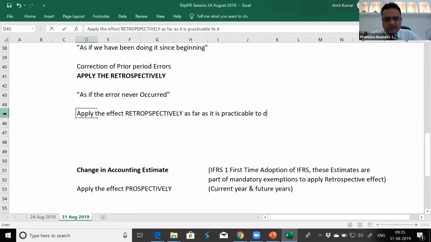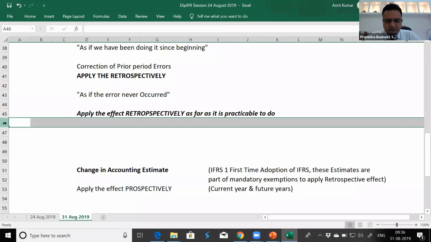Because we may be in existence since 1956, and it may not be possible for us to go back till 1956 to convert all the inventory items which we have been using FIFO, recalculate all the items into weighted average and bring the cumulative effect till 31st March 2017. It may not be possible. So it says that you can go back as far as it is practicable to do so. This is a relaxation given by the standard in applying the retrospective effect.